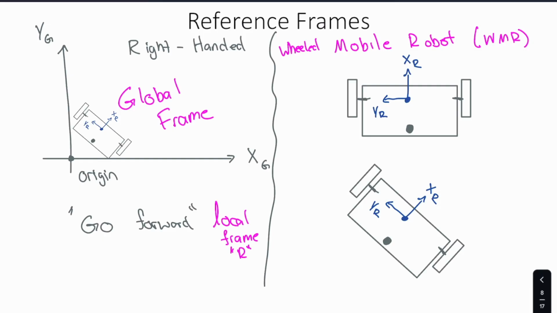On the other hand, we might want to say something like go to a point that is rightmost in our G frame.